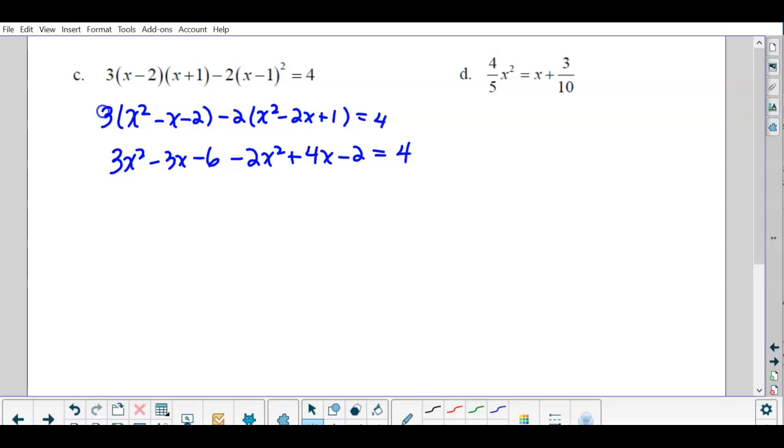Okay, so we'll always deal with the brackets first. And then get rid of the brackets. Then collect like terms and get the 4 over to the left. And then after that, it's a simple trinomial.